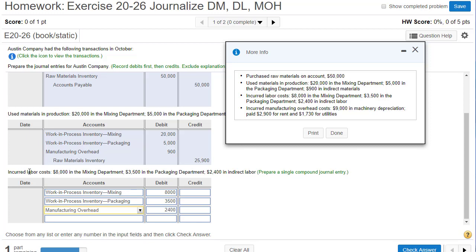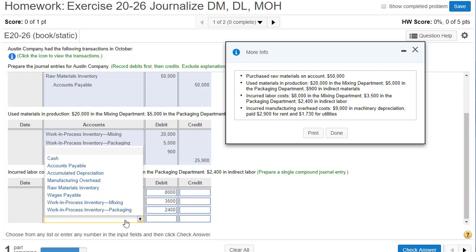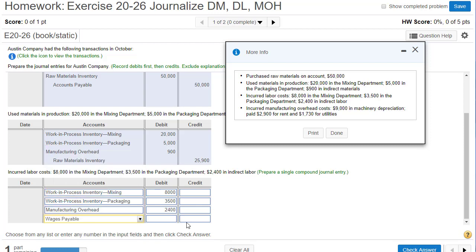Since these are labor costs, these are wages, and we don't pay them on the day the pay period ends, so that's wages payable. That will be paid eventually.